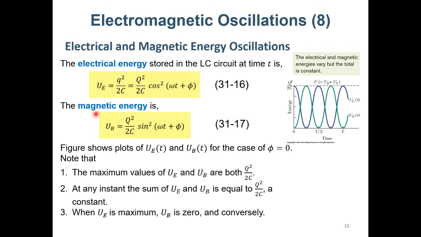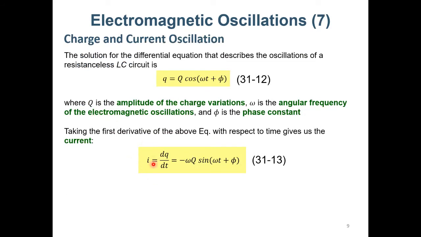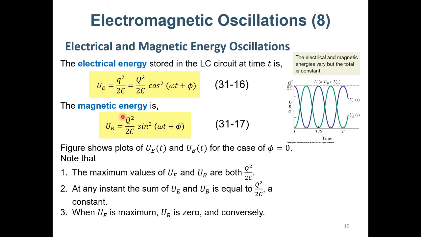And also, we know that I has an expression like this. So the energy stored in the magnetic field is 1/2 L i squared. So it will be something like this.